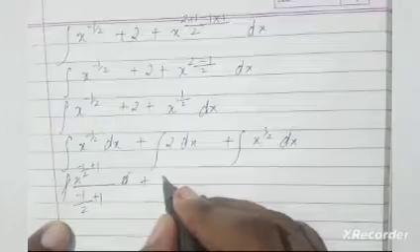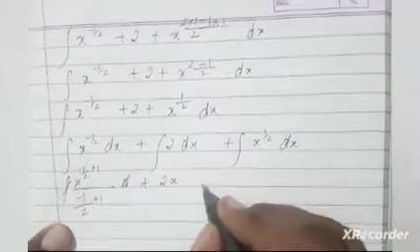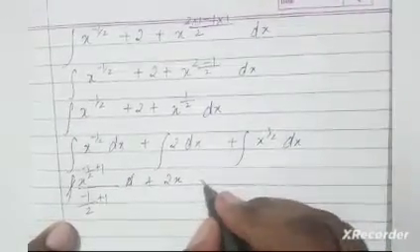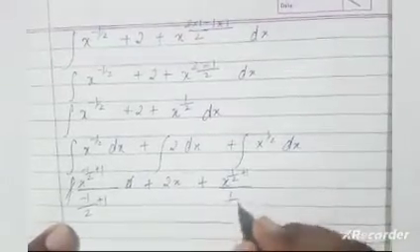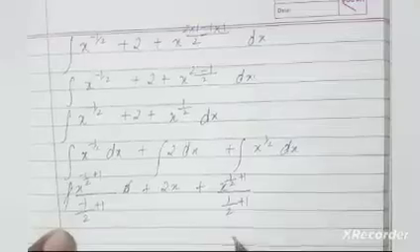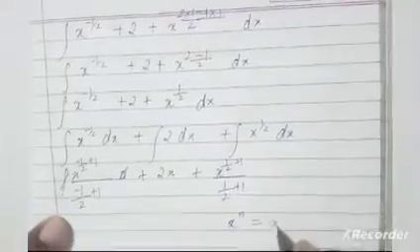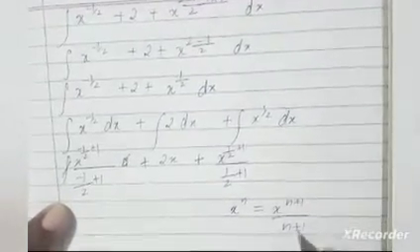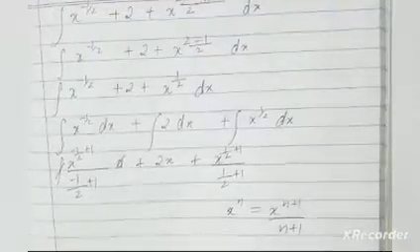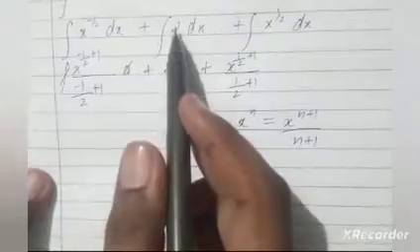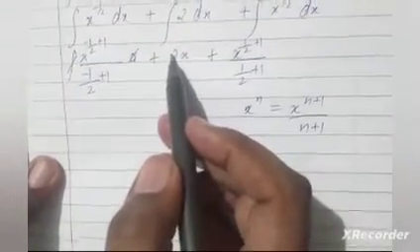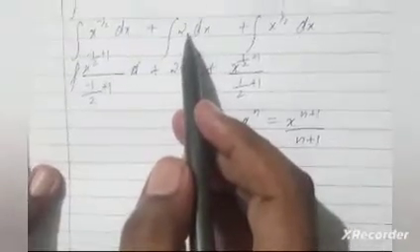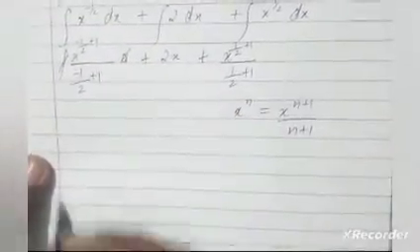Then plus 2x, integration of 2, then plus x raised to 1/2 plus 1 over 1/2 plus 1. We have used the formula that integration of x raised to n is x raised to n plus 1 by n plus 1. And here we have taken the value 2 as it is constant, and integration of 1 is x.